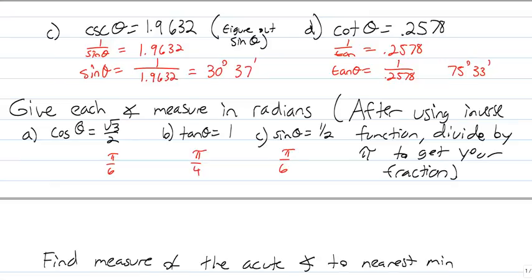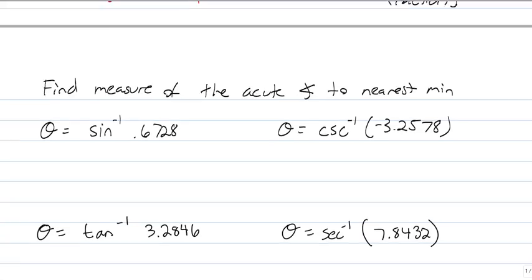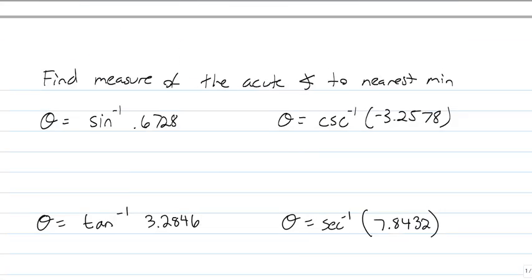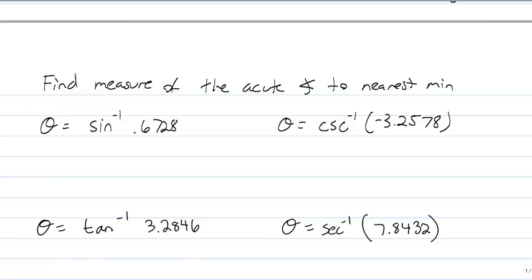We have a little bit more. This is just another way it's written, okay? These are written so that they're already written like you're taking the inverse of them. However, you have to think about where it came from. This is the same thing as saying sine theta is equal to 0.6728. It's just now written in the form, you can just type that in. This one you have to be careful. You can't say it's 1 over sine of this, because this came from cosecant theta is equal to the negative 3.2578.